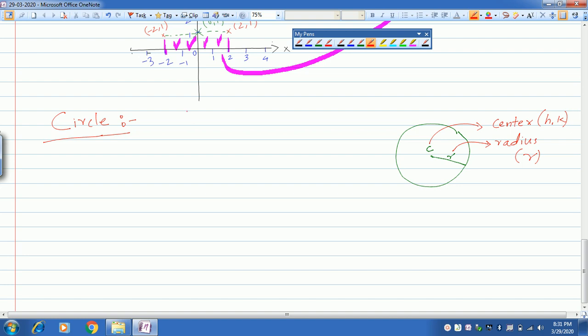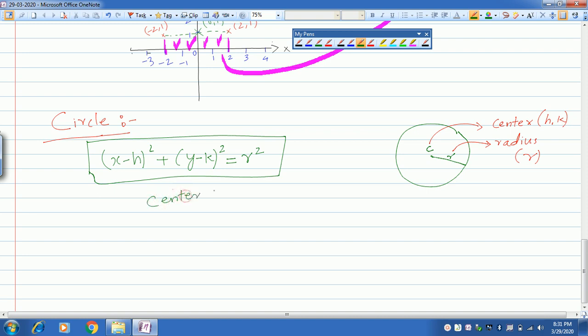Now what is the standard form of the equation of a circle? It is x minus h whole square plus y minus k whole square is equal to r square. Where the center is h comma k.